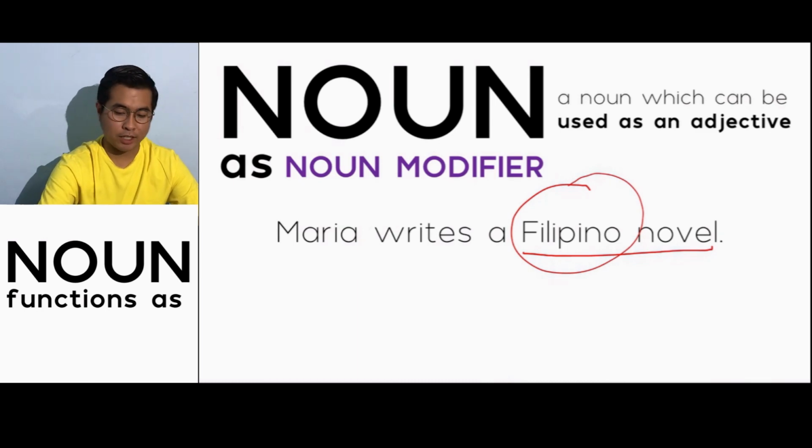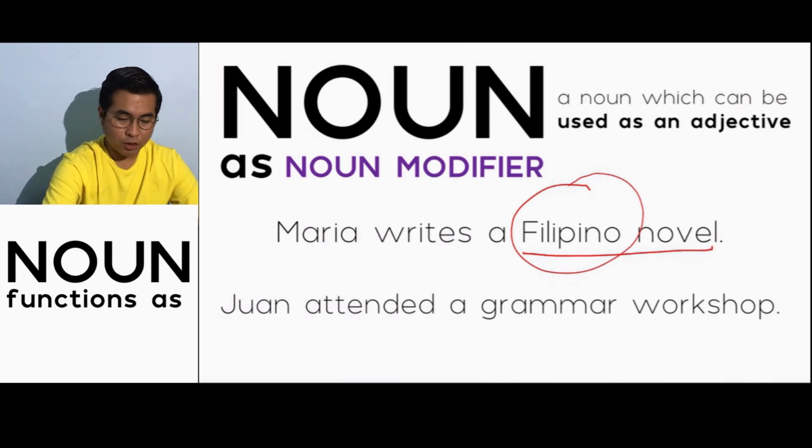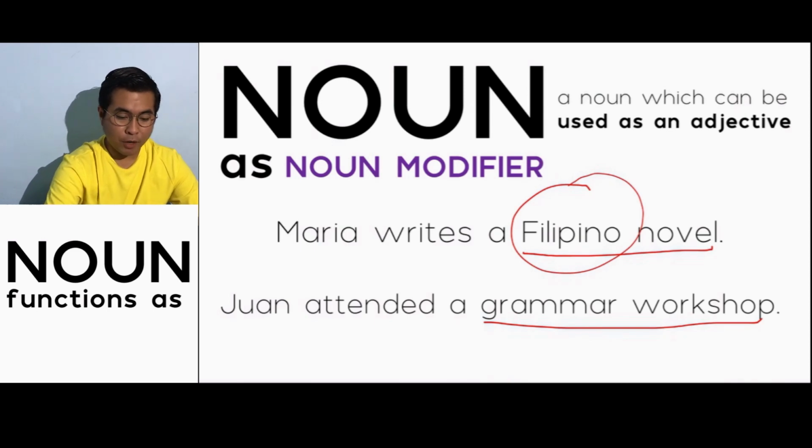Then another one: "One attended a grammar workshop." Let's focus on this phrase. You have "grammar," a noun, and "workshop," another noun. Here, workshop is described by another noun that functioned as an adjective or a modifier, and that is "grammar."